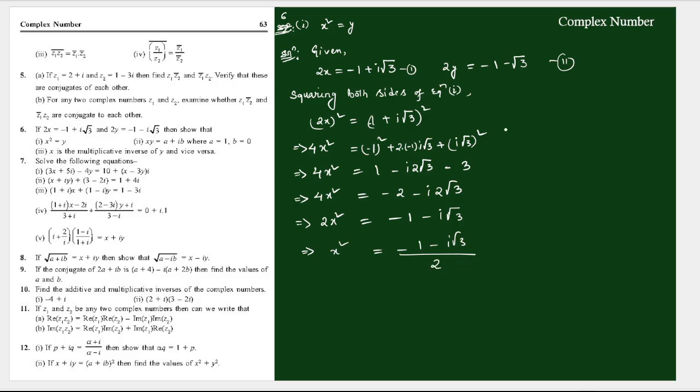Now say this is your x square and this is your y, if you transfer this side. Say this is your equation number 3.